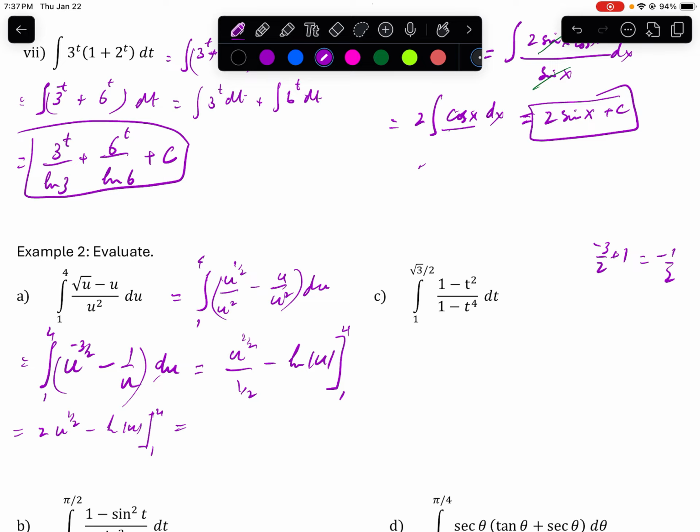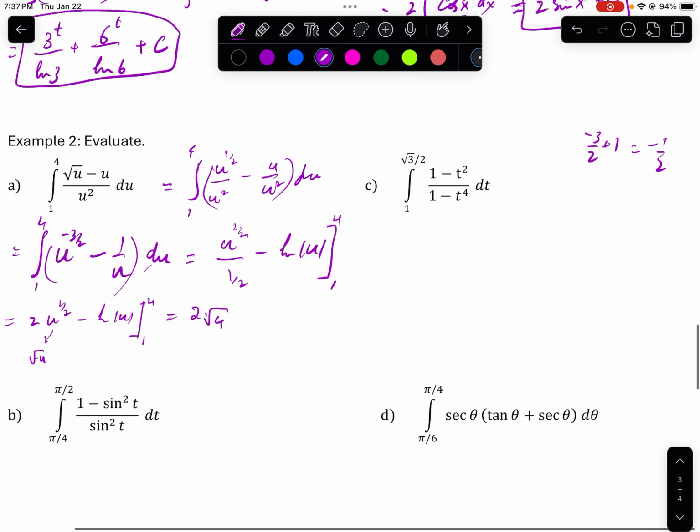So I get 2 times 4 to the 1/2. This is actually the square root of u. So if you want, you can write here 2 times square root of 4, or you can write it as 4 to the 1/2 power, minus ln of the absolute value of 4.